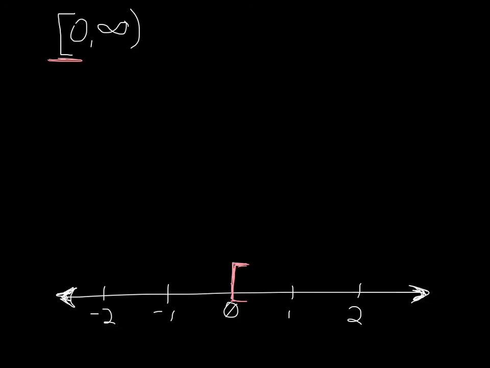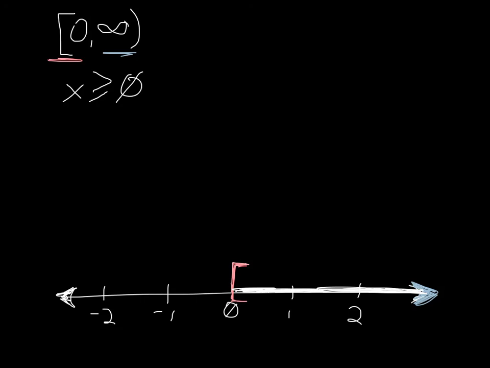The right side is positive infinity. And we've got to fill in everything between. So we can write this pretty easily as all the values of x can be 0 or greater, otherwise known as x is greater than or equal to 0.